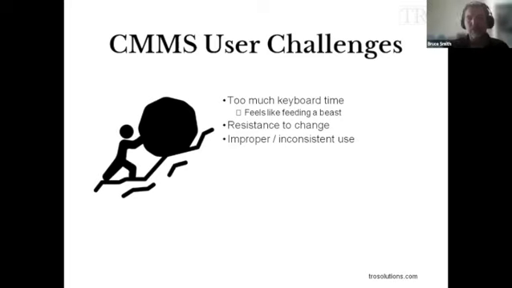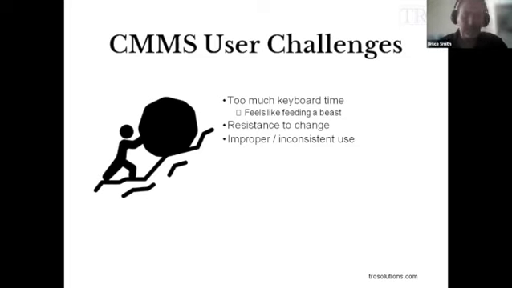This leads to improper use, inconsistent use of your software. Improper use mainly evolves through personnel change. If people have left and you have new people coming on board, or just as you hire new people, if you don't have effective training programs in place, and you're relying on a train the trainer, in other words, trained by the guy who got trained by the guy who got trained by, you end up with a broken telephone sort of thing.